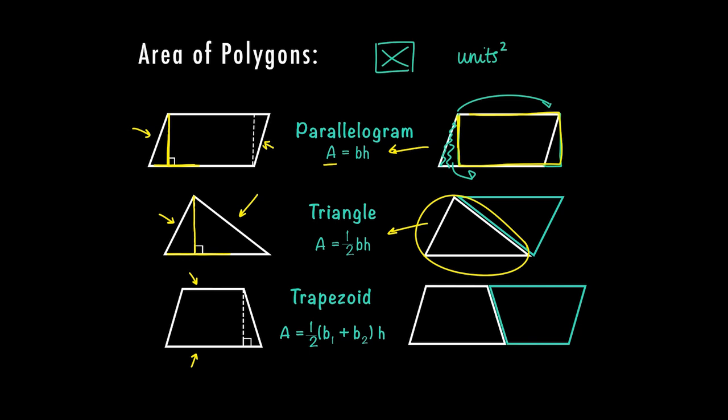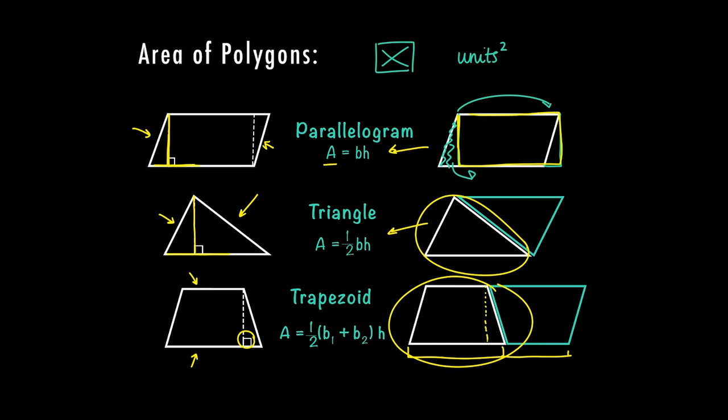But unlike a triangle, I have those two bases. So I'm going to take both bases, add them together, multiply by the height, which again is created by this 90-degree angle, and then I'm going to divide it in half because I only need half of that image for my area. So this is where the formula is derived from.